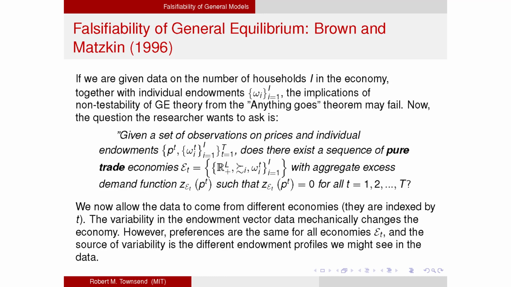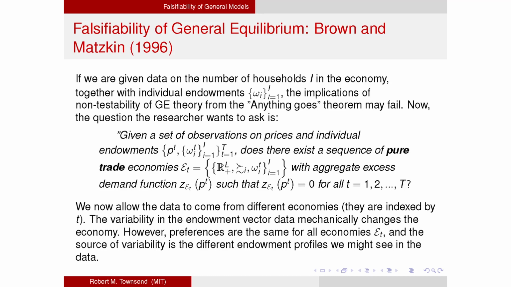So this part of it is the seeming answer to the question, what happens if we don't put any restrictions on utility functions other than things like rationality? And the answer is anything could happen. That aggregate demand function could look any way you want it to.